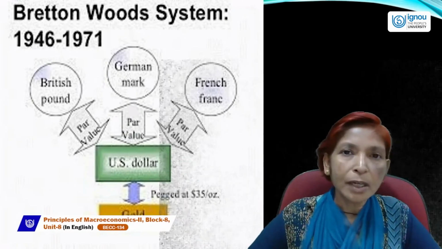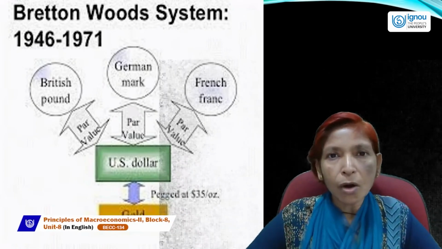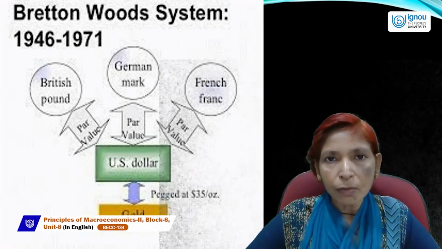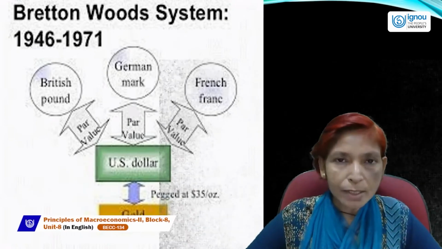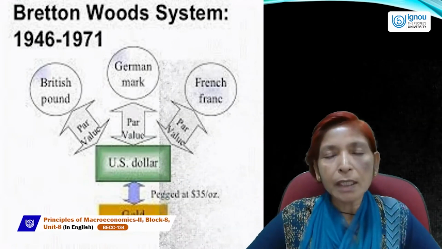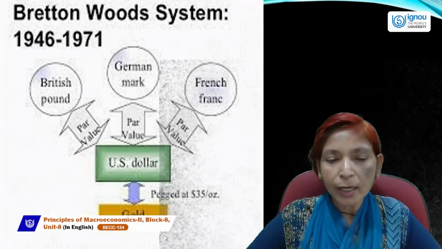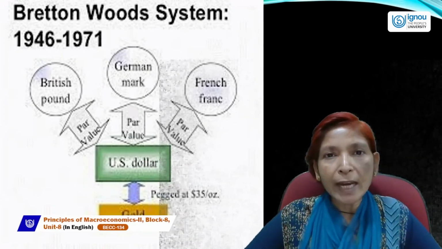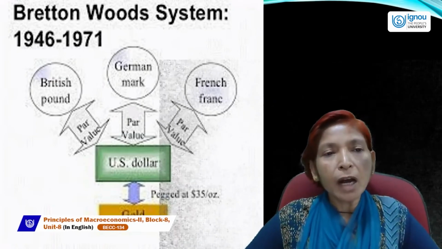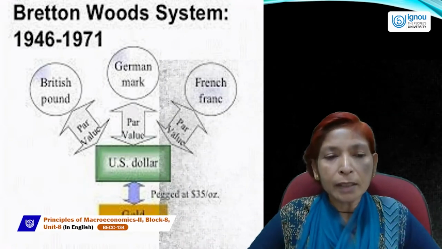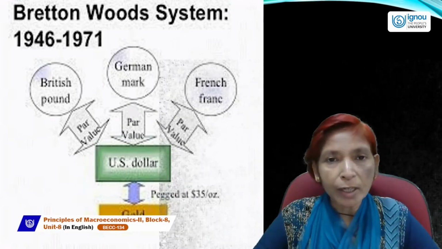In this system, the exchange rate was fixed by the US economy: all the countries' currency values were taken in terms of the US dollar, and the US dollar was further converted in terms of gold, which was a pegged system. For example, people who drink alcohol always measure the quantity of their drink in pegs.